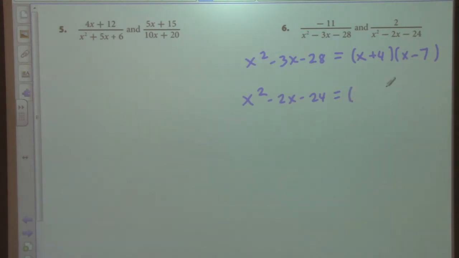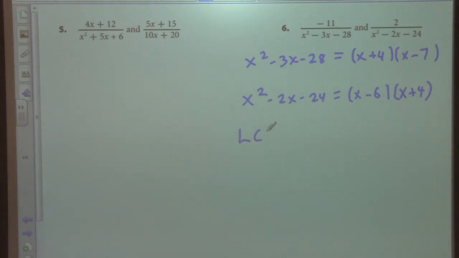Okay, and this next one here? One would be x minus 6. X minus 6. And then x plus 4. X plus, what did you say it was? 4. Okay. Now we have factored.